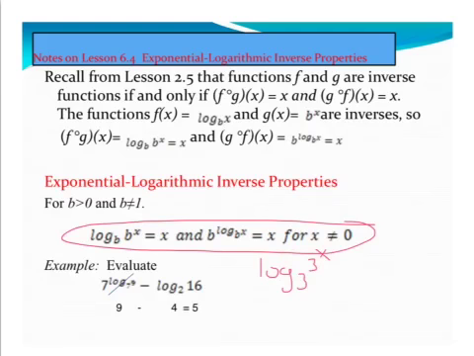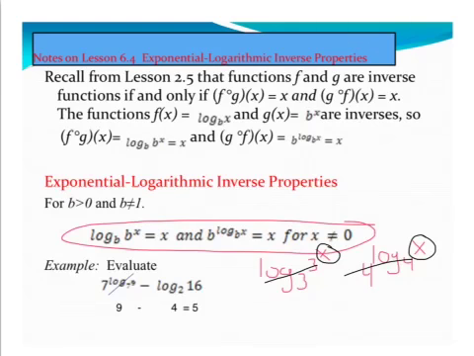We cancel that out and we're just left with the x. Same as if we had 4 raised to the log base 4 of x. The 4 raised to the log base 4 also goes away, and we're left with just the x.